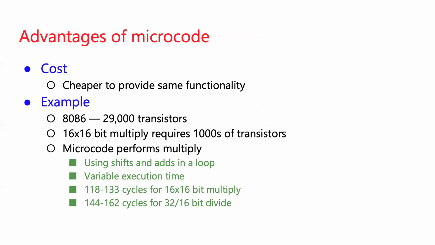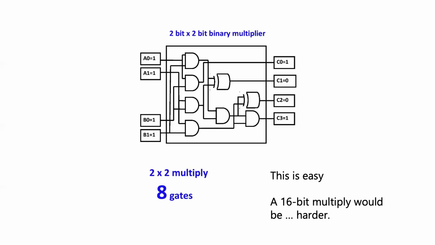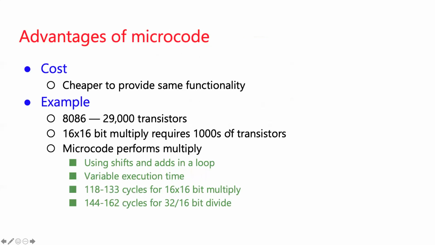That would give us a faster way to multiply, but it would take an awful lot of gates. And that's kind of the point that we're making down here. To multiply these 2 2-bit numbers, that already took 8 gates. It's going to take a lot bigger of a circuit to multiply 2 16-bit numbers, thousands of gates to do that.